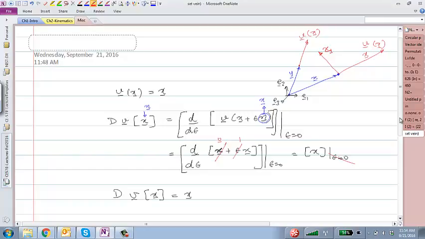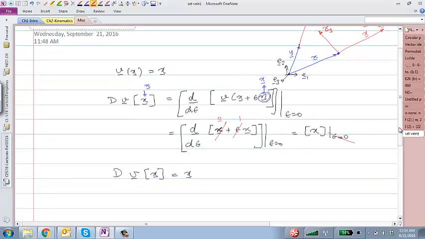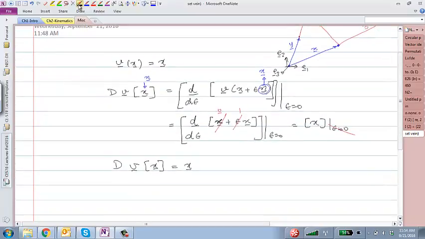In that case, I would still take the derivatives exactly the same way. D of v in the direction x perpendicular would be equal to d by d epsilon of x plus epsilon x perpendicular, and after taking the derivative, set epsilon equal to 0.